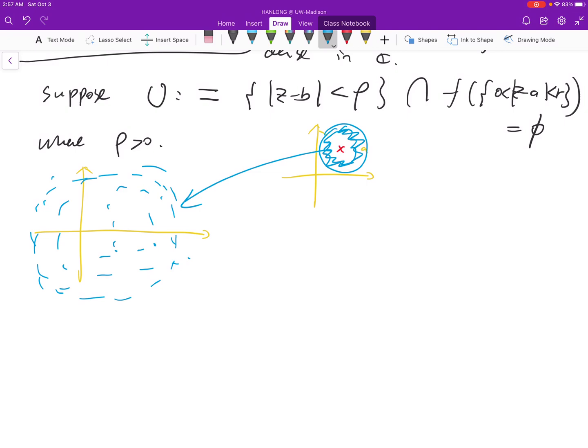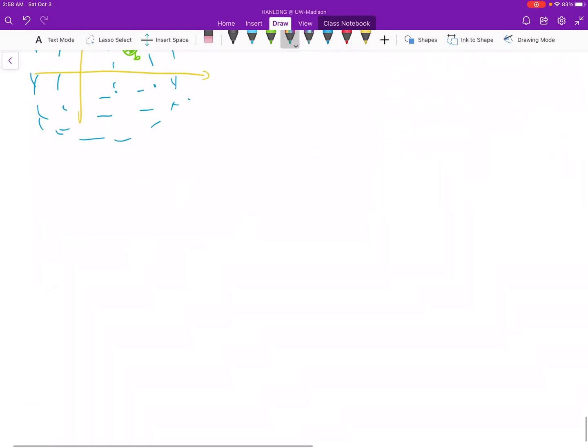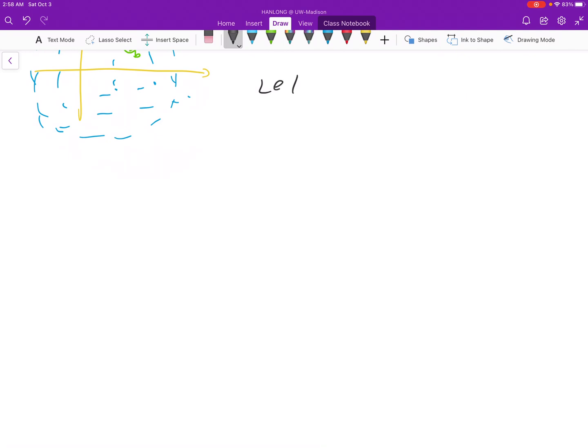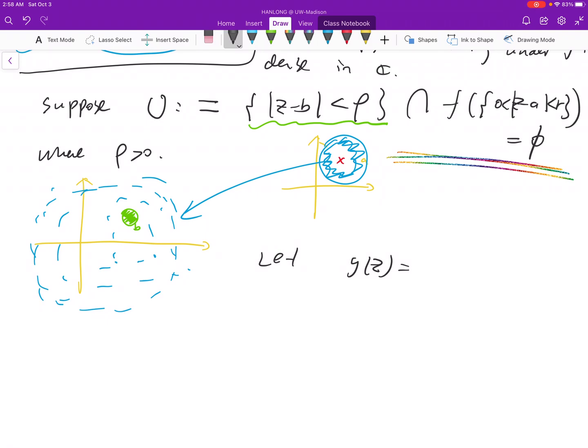But since it's not dense, then you can find a point b with a small neighborhood of radius rho, such that in this open set there are no blue points. So that's exactly the meaning of this. Okay, now from this you already have some boundedness property, and it's not equilibrium.